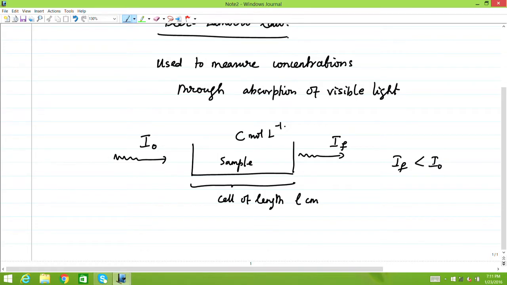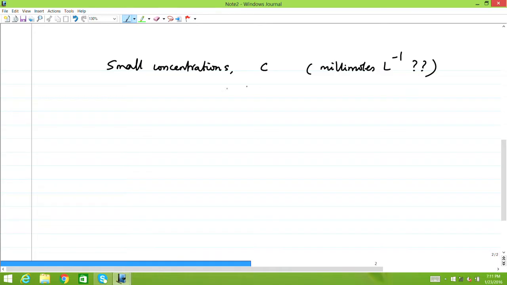That means that the sample has absorbed some light, and this phenomenon holds for small concentrations C, like millimoles per liter kind of concentrations or even less, and reasonably low intensities of light. Typical example.